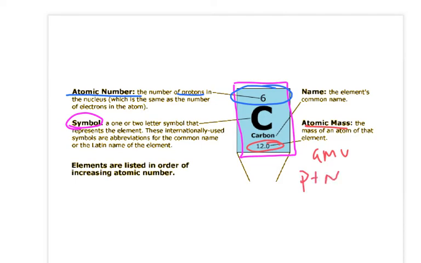One important thing about the atomic mass is that when we're calculating neutrons, we're always going to round the mass. So if it's 13.9, you're going to round that to 14, and if it's 13.2, you're going to round that to 13.